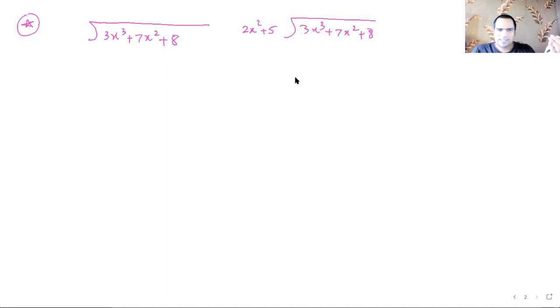It's really important here to take care of every single term. Even though you don't see an x here, we can add plus 0x plus 8, which makes our life much easier when carrying out the operations. Similarly, the divisor is x squared, then x, then the constant term, so we get 2x squared plus 0x plus 5.